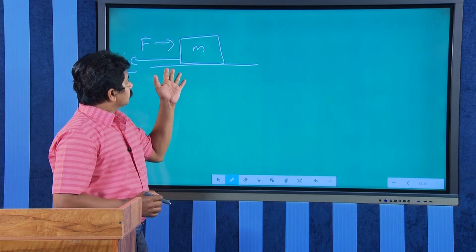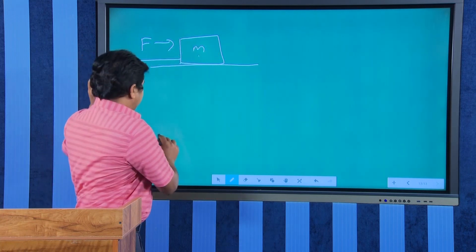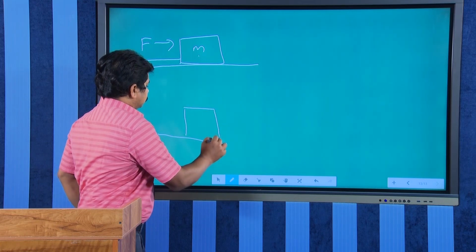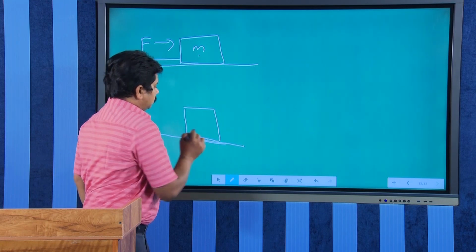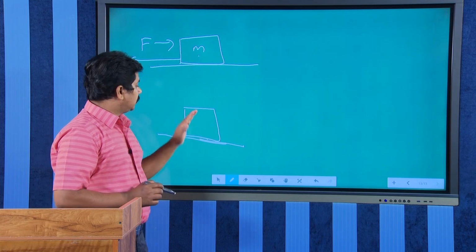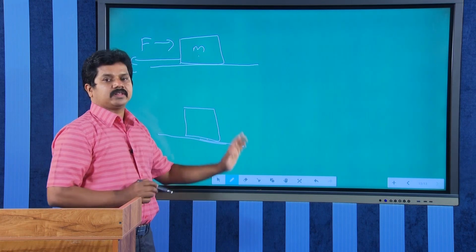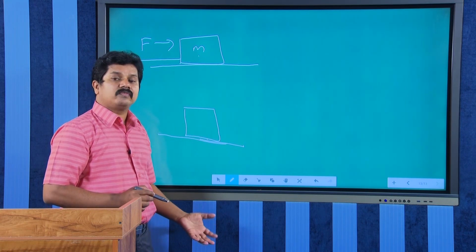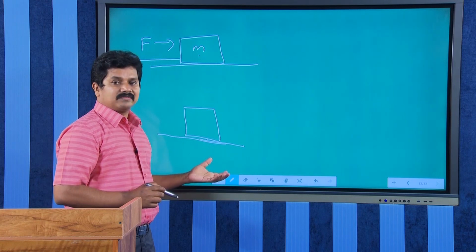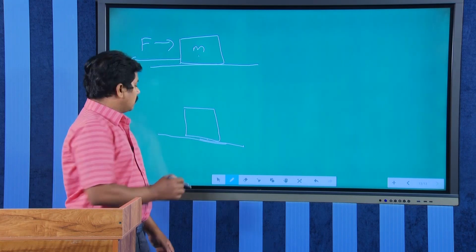Now, initially the block was on the table. There is no force at all, meaning the block does not have any tendency to move over the surface. Friction also will not be there, because there is no tendency for relative motion.